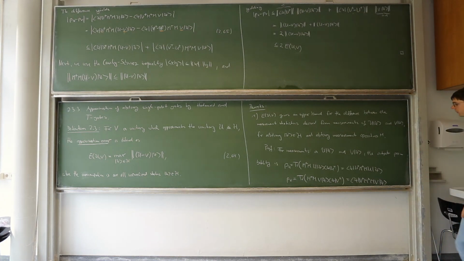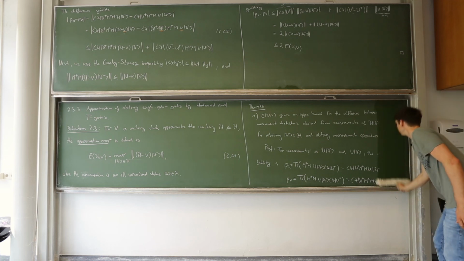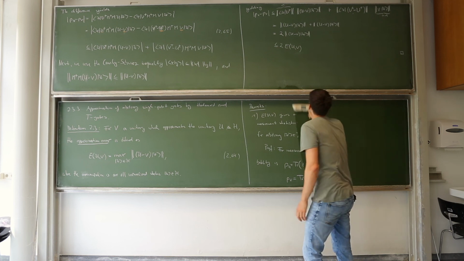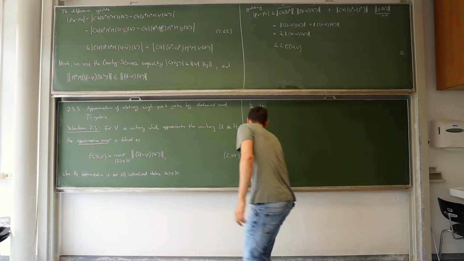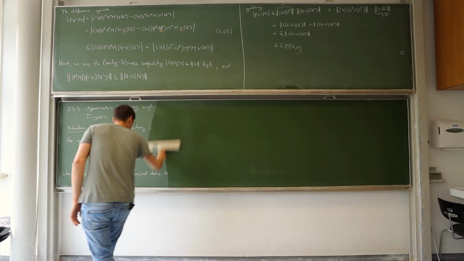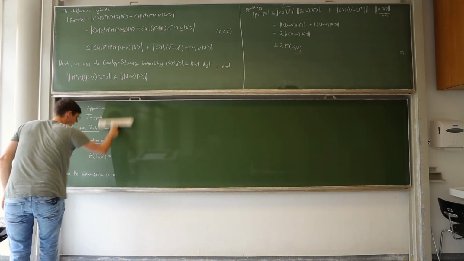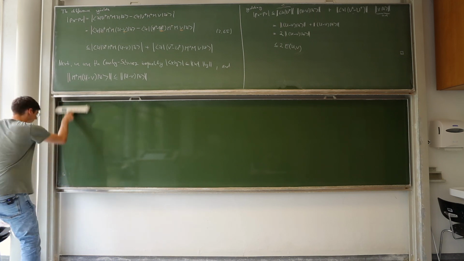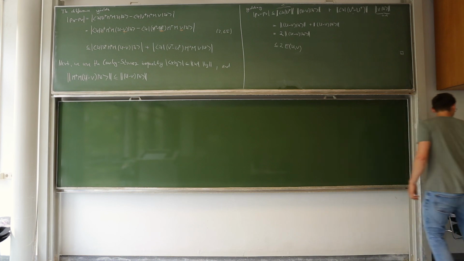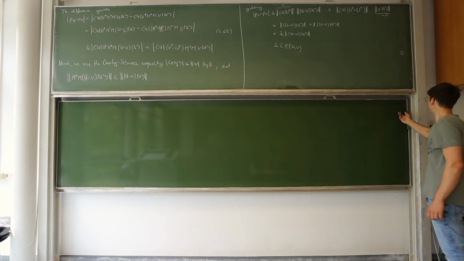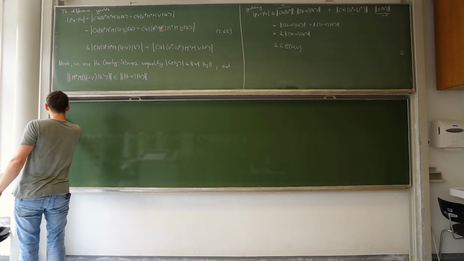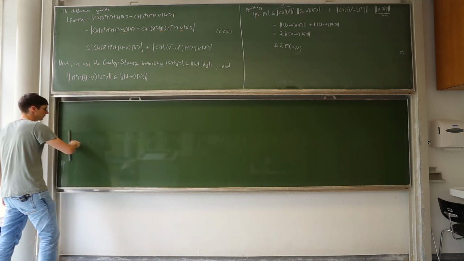Now there's one more property of this approximation error that we need. So remember that we decomposed an arbitrary n-qubit unitary into products of 2-level unitaries.